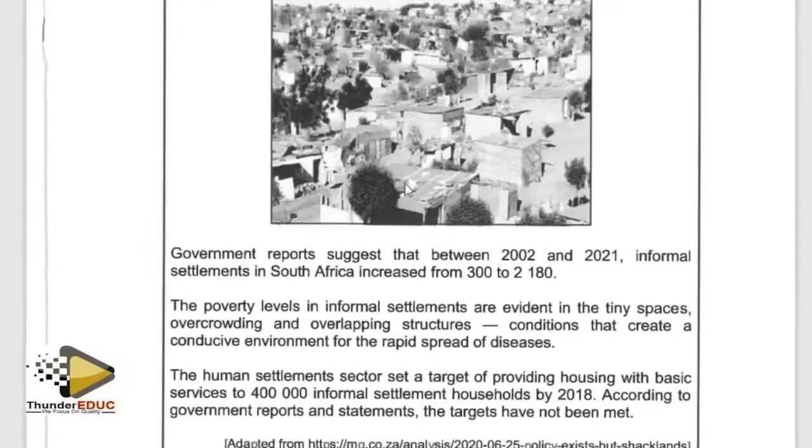Then you can see the materials used to build these houses are not high class materials. So we can say cheap materials are being used to build such houses. There is no well developed or well structured infrastructure.